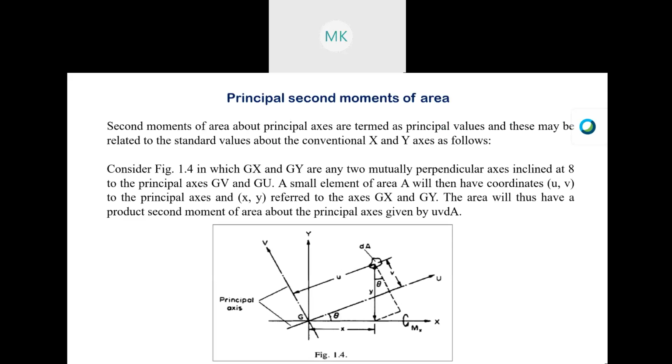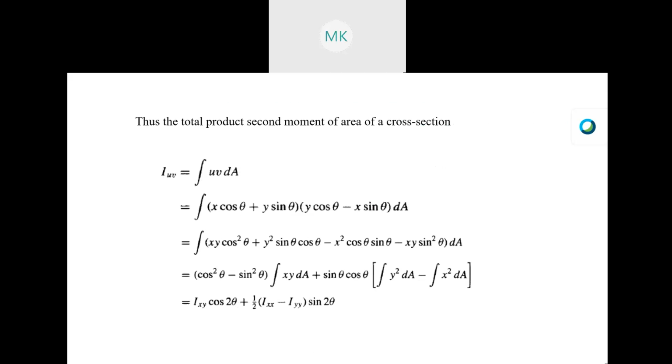By force resolution, you can easily find the u and v values. I think all of you remember, along the angle it is always cos theta, and against the angle it is sin theta. I will explain this later while we are solving the numerical. For now, please try to find u and v and put in these values. Simply calculate, and you will easily find the value. It is just simple integration.